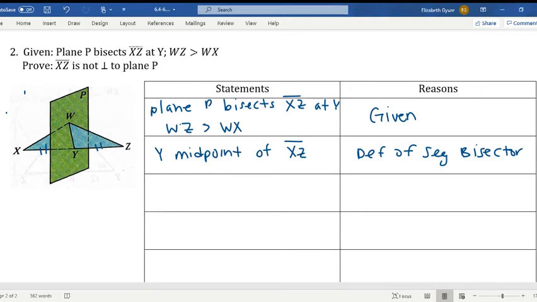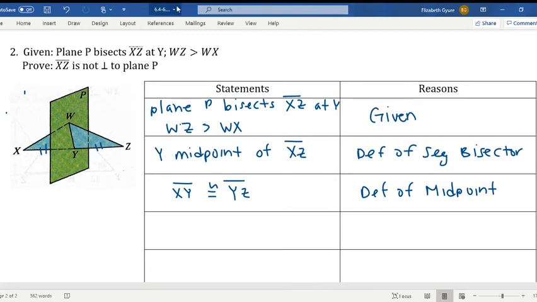Come on, guys. This part's basic. Yep. Say that segment XY is congruent to segment YZ. That's the definition of a midpoint. So now we have one set of congruent sides.